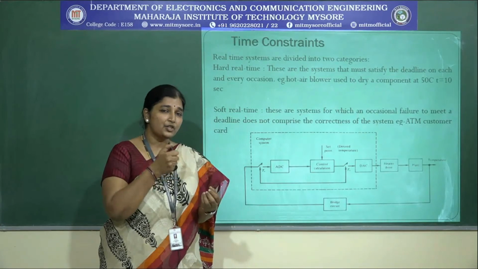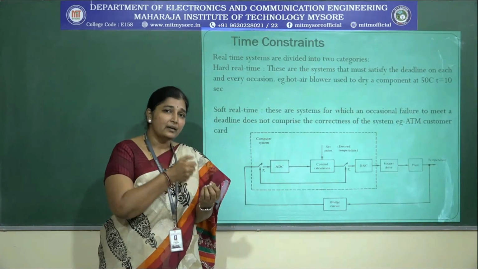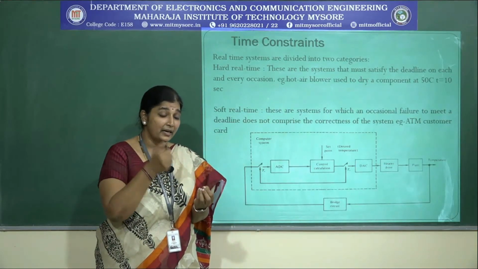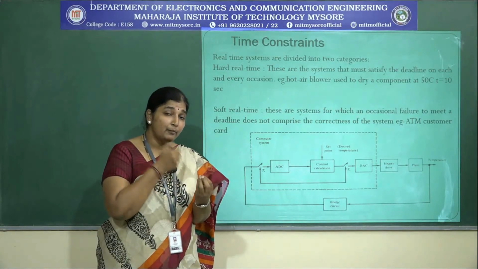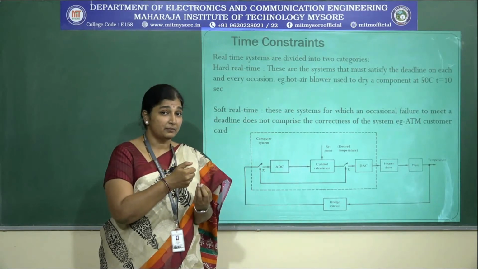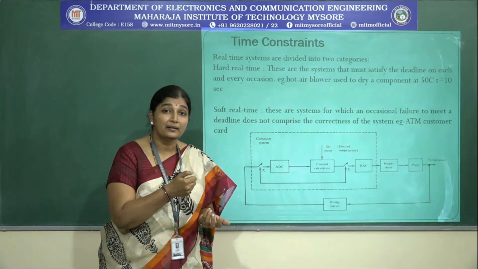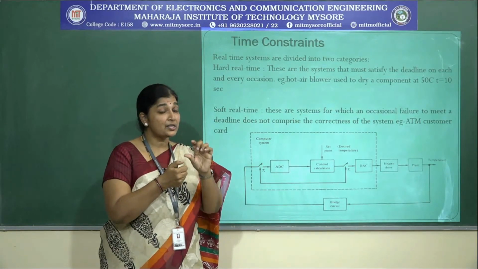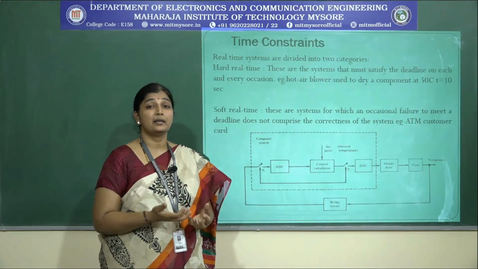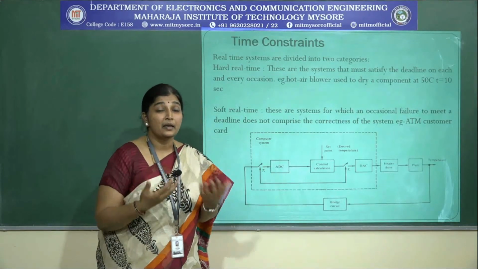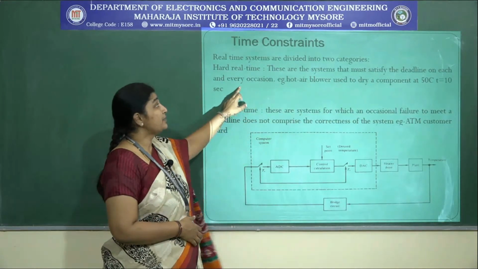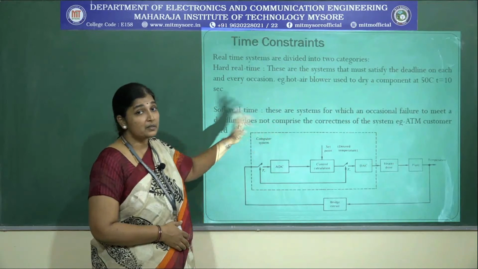Now you have hot air being placed on a simple component to dry it. If there is a time constraint saying that if you expose this component for more than 10 seconds, there might be a problem in the system. The component itself could melt, and if it reaches 50 degrees Celsius, there might be a problem with the component. It might even catch fire with the air blower. So this becomes a hard real-time system.